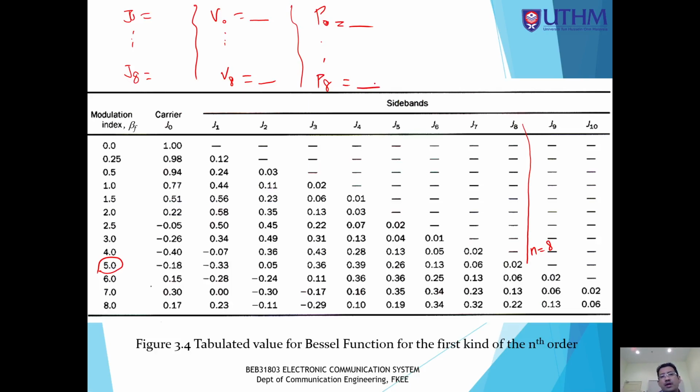Then you can find the total power: P total is equal to P0 plus 2 times P1 plus until P8, the 8th sideband. So you can get the final answer in terms of watt.